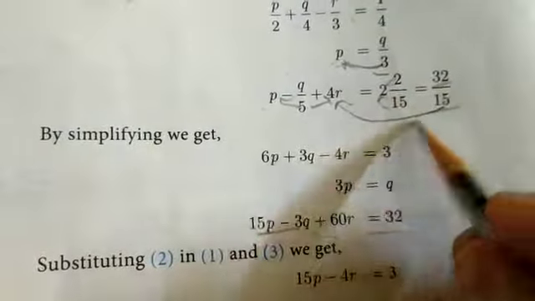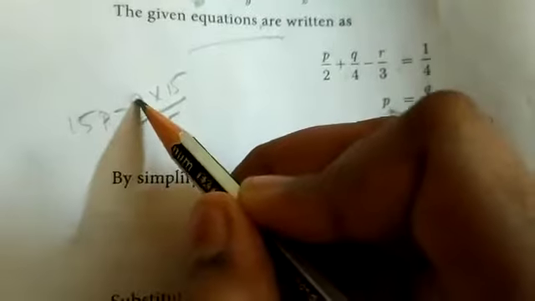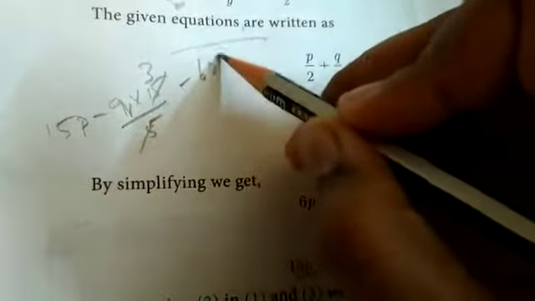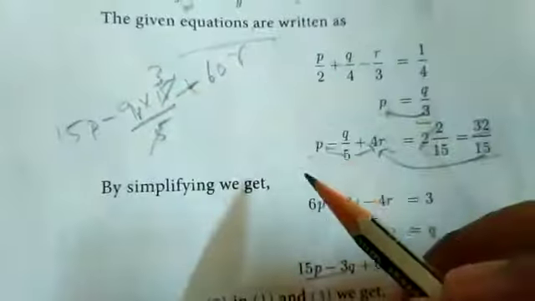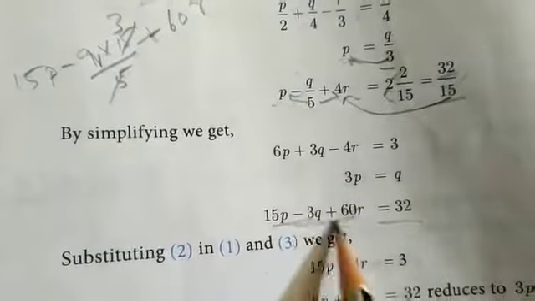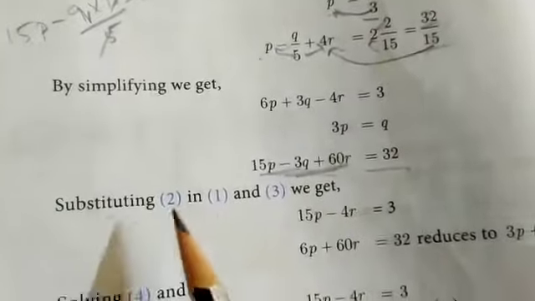You will get, multiply with everything by 15, see, p into 15 is 15p, and minus q into 15 by 5. So when you cancel this, you will get 3 here. Then 15 into 4r is 60r. So like that only we have got this equation, equal to 32. This you can keep as the numerator.